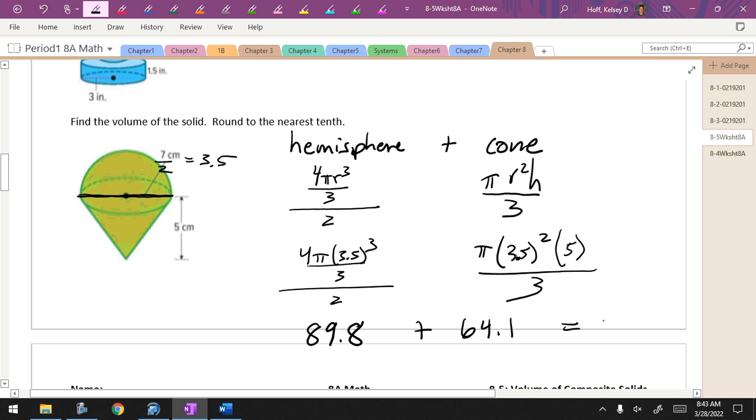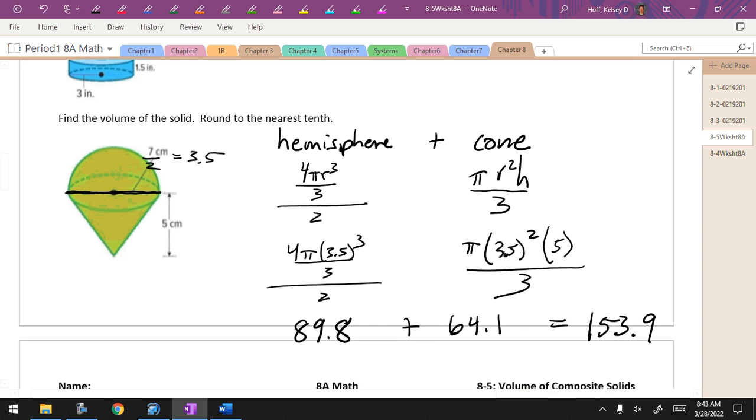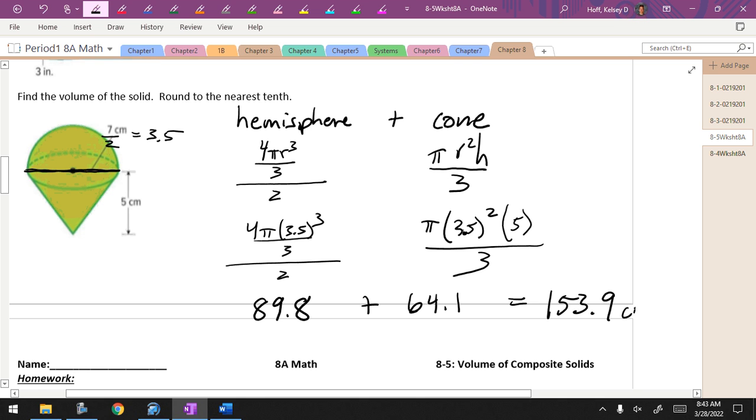Courtney? Anybody else? 153.9. What's my label? Centimeters cubed. Good work, you guys.